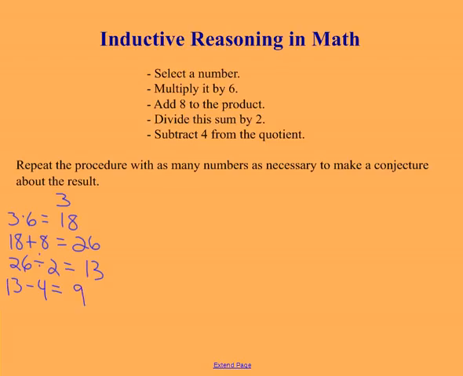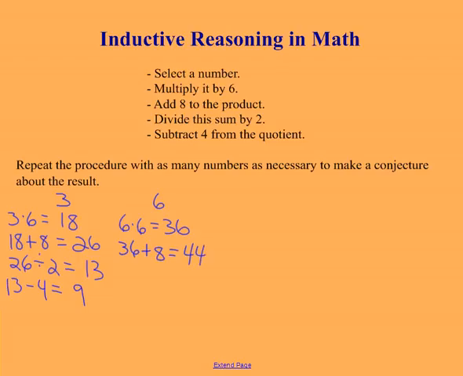Okay, so let's pick a second number. How about 5? No, let's do 6. It's an even number. 3 was odd, so let's go with an even number, so 6. 6 multiplied by 6 is 36. Add 8 to that product, so 36 plus 8 equals 44.